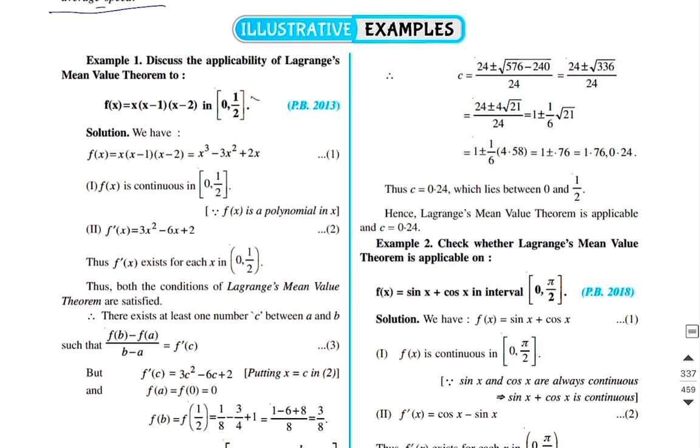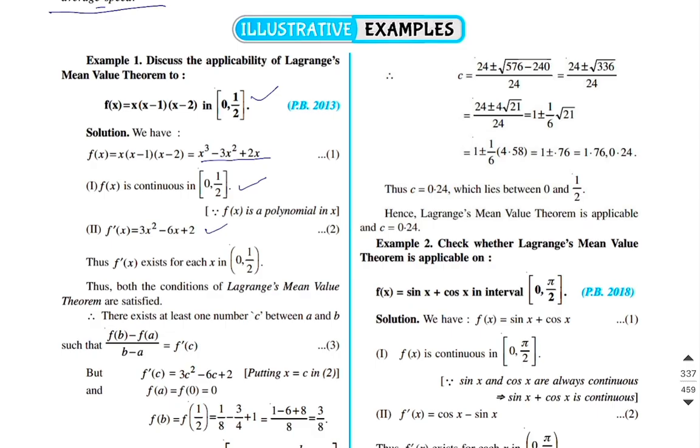For example, first question: discuss the applicability of the Lagrange mean value theorem. So what you have to do here, first make it in a polynomial form. Since we know every polynomial is continuous, the first condition is valid: the function is continuous in a closed interval.